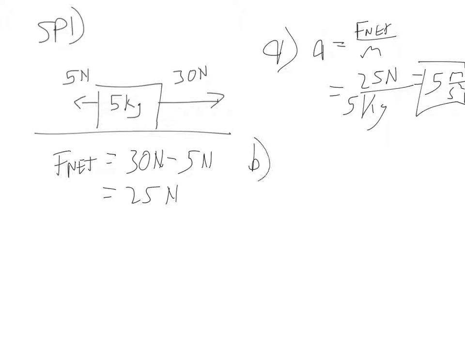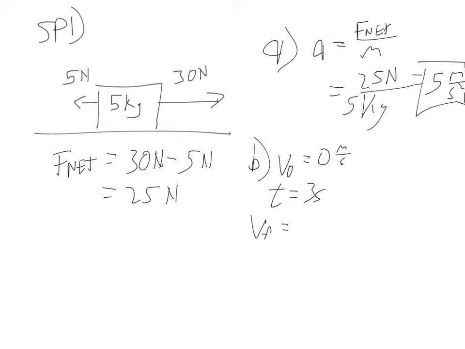Part B is asking us to remember some of what we learned in previous chapters, because it's asking if the initial velocity of the block is equal to 0, how fast is it going after 3 seconds? So if time is 3 seconds, if the velocity initial is 0 meters per second, it's asking what is the final velocity at the end of those 3 seconds.